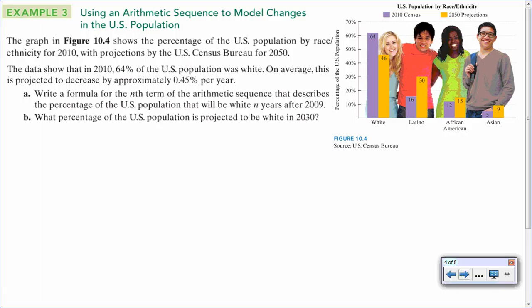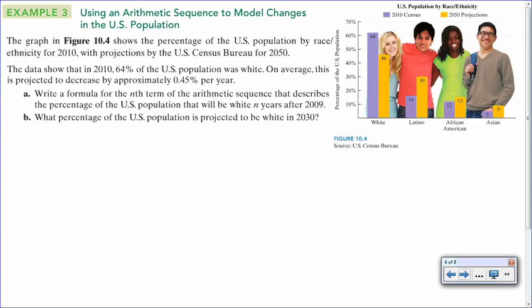Okay. Who would like to read this problem? Brista, thank you. The graph in figure 10.4 shows the percentage of the U.S. population by race and ethnicity for 2010, with projections by the U.S. Census Bureau for 2050. The data show that in 2010, 64% of the U.S. population was white.